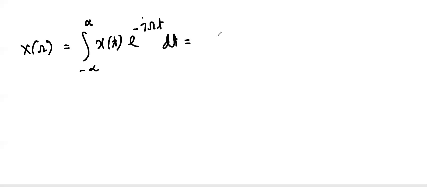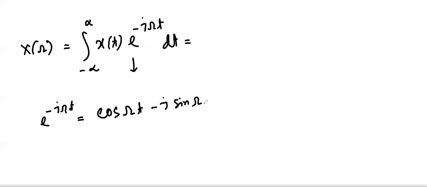It can be elaborately written using Euler's identity, or Euler's formula: e to the power j omega t equals cos omega t minus j sin omega t. Here the amplitude is 1. If it is A, then it will be A cos omega t minus j A sin omega t. Okay, so you can write it here.